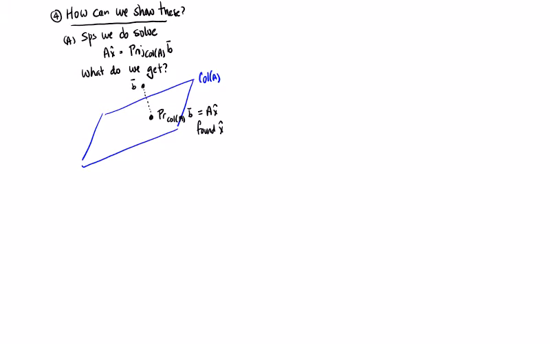Now, let's take some other x hat. Pick any other x hat, oh sorry, any other x bar. A x bar is in the column space, so it's somewhere maybe over here.